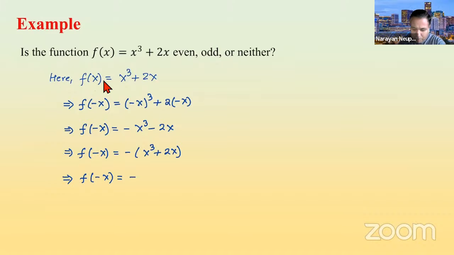So for this quantity inside the parenthesis, we can write f of x. So in place of x cubed plus 2x, I'm writing f of x. By doing that, we get this relation.